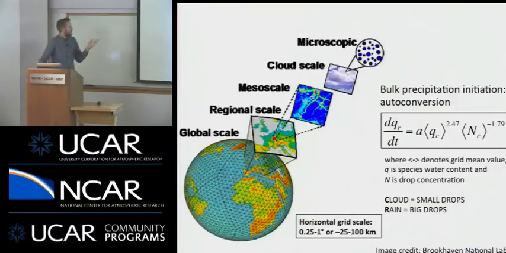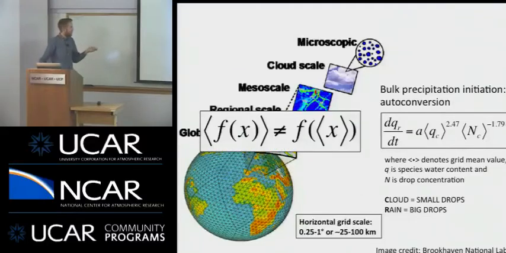And what we see here is that we drive this equation forward by using grid mean values. But we have a problem. And that problem is that the process rate we get from using a grid mean value is not equal to the mean process rate we would get from integrating over a number of local values.